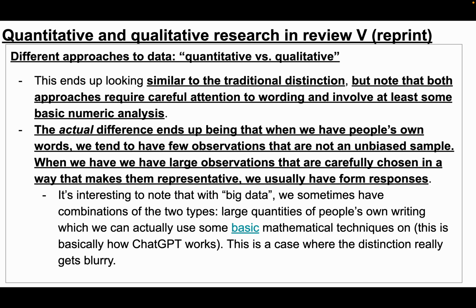We'll note this week, actually, that with big data, we sometimes have a combination of these two types of things. We have large quantities of people's own writing, which we can actually use some basic mathematical techniques on. And this is a case where the distinction can get really blurry.